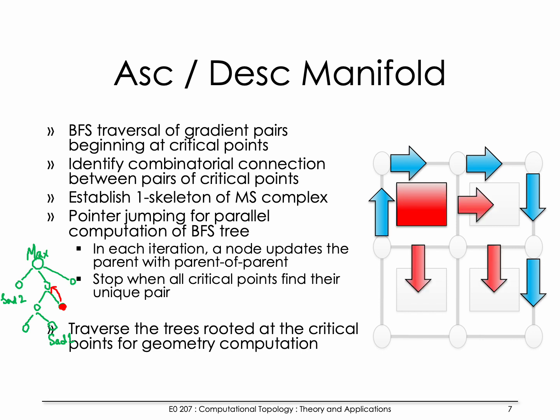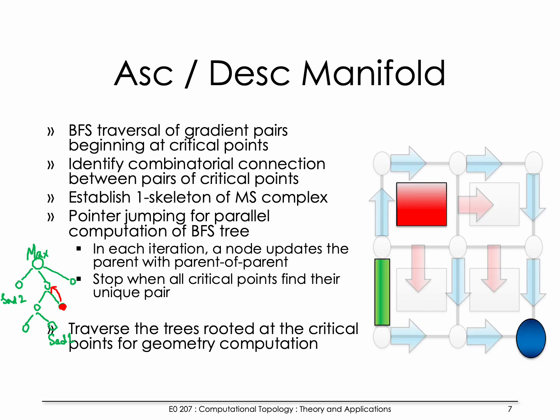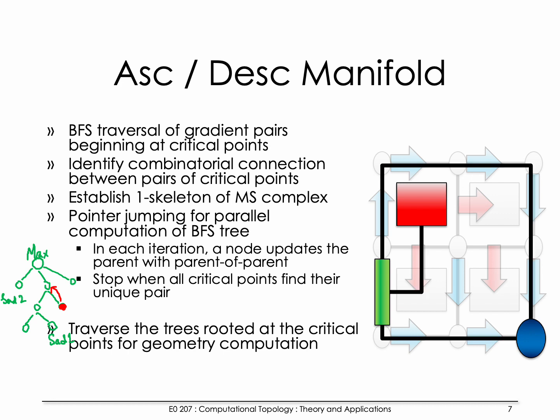So in this case, the maximum is the source, so all the descending manifolds go towards the other cells, and similarly you can compute the manifolds for the minimum. So these give you the combinatorial connections, namely the saddle to the max and the saddle to the min. And this geometry can also be extracted from the tree.